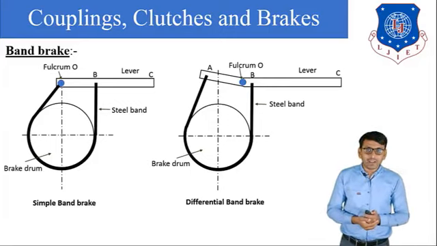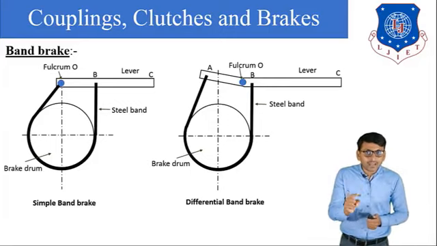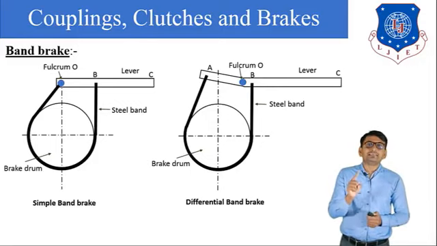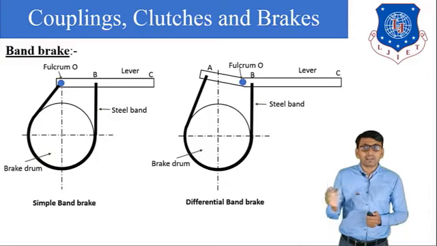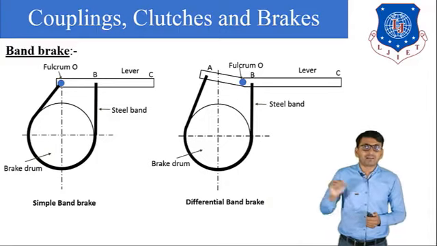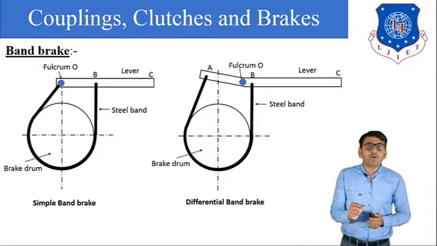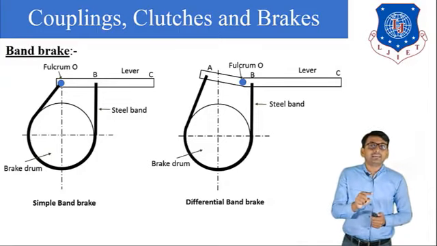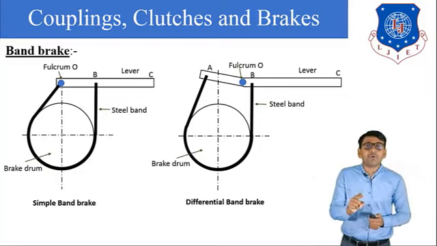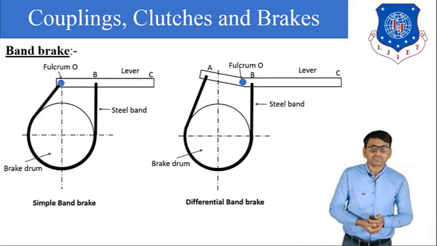So in a simple band brake, one end of the band is attached with fulcrum O and the other end is attached at point B. But in a differential band brake, one end of the band is attached at point A and the other end is attached at point B.